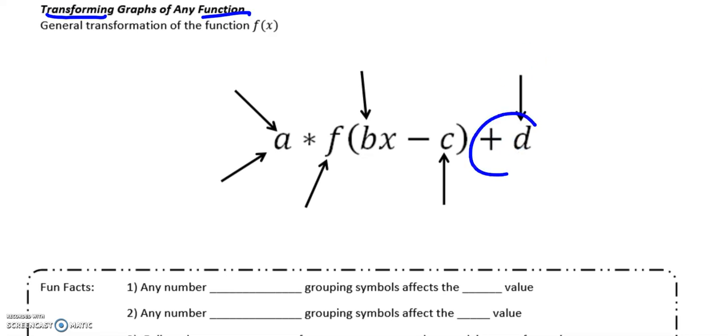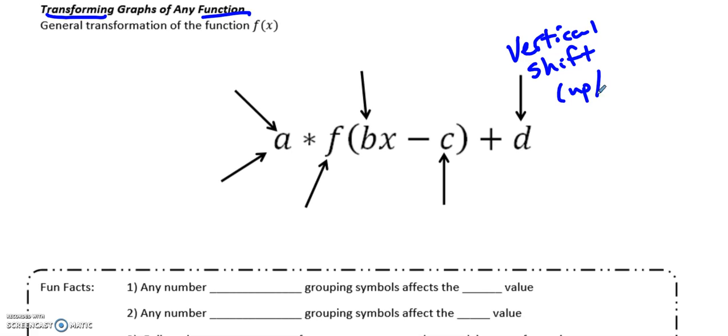If I have a number outside of my function, then I'm going to have a vertical shift. Vertical meaning up, down. So it's just going to move my graph up and down, whatever the value is that's outside, typically at the end of my function.